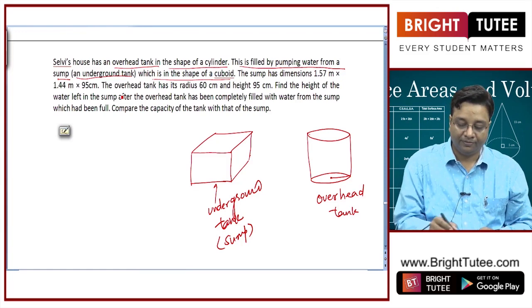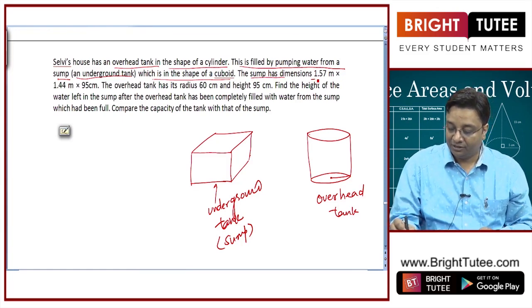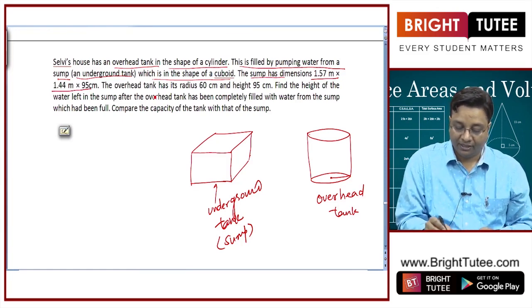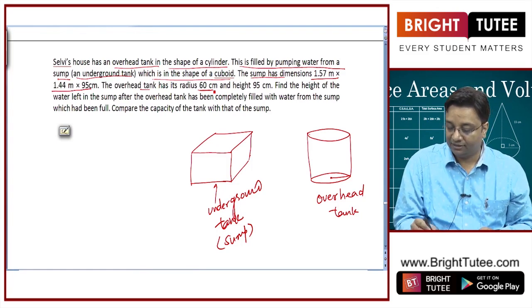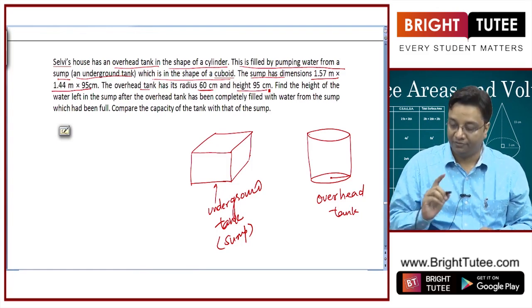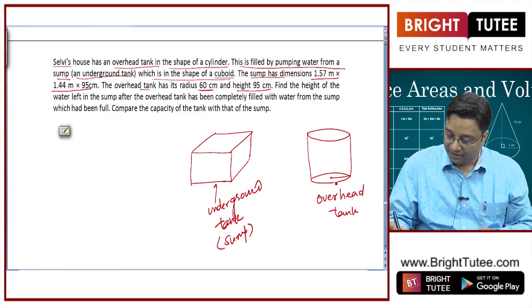Now let's read the question. The sump has these dimensions. The overhead tank has its radius 60 centimeter and height 95 centimeter. So the radius here is 60, height is 95 centimeter.